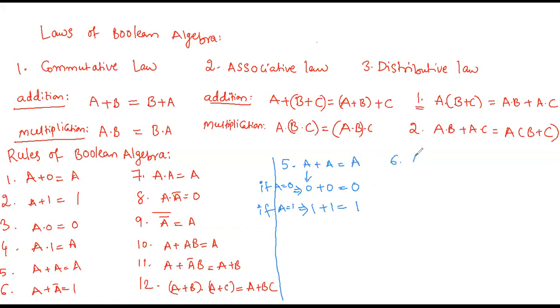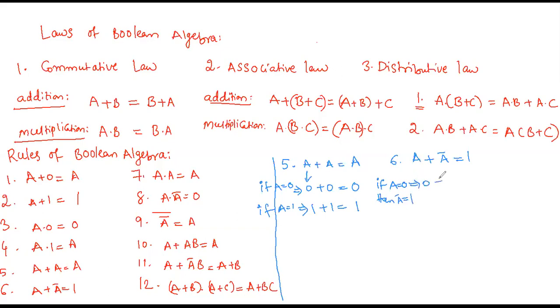Sixth one, A plus A bar is equal to 1. Now we will see. A will take either 0 or 1. Now we will go with 0. If A is 0, then what is the A bar? A bar is 1. Now write down.